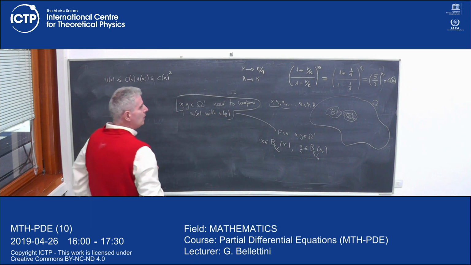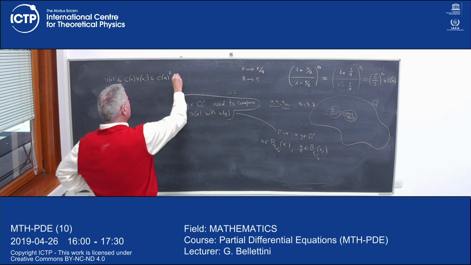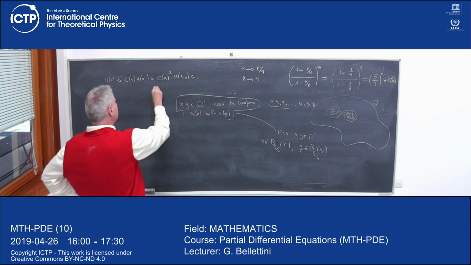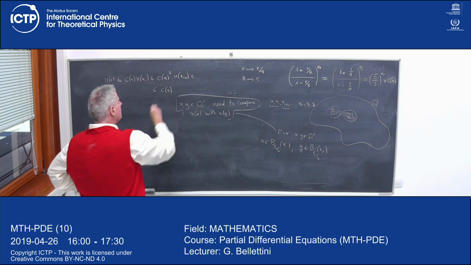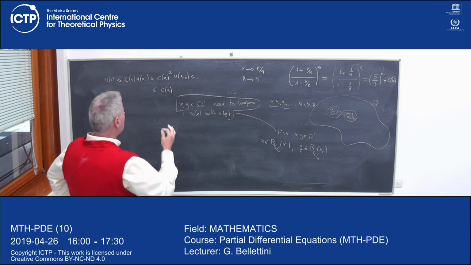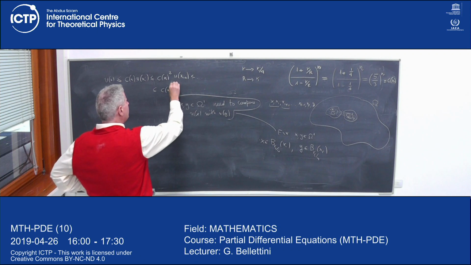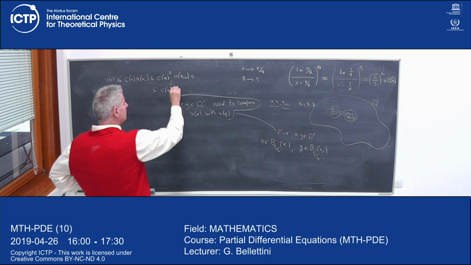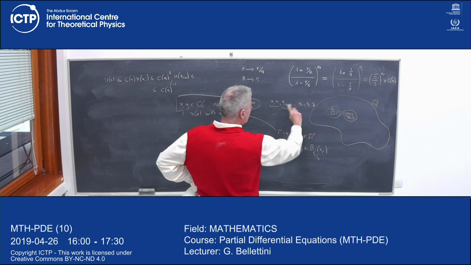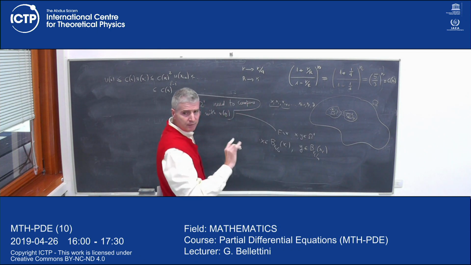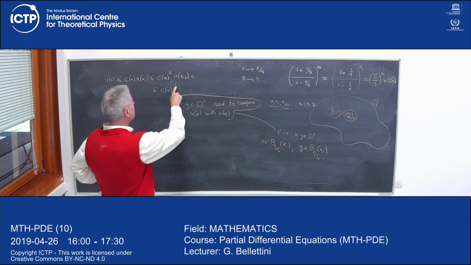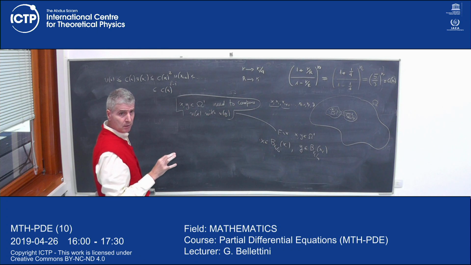And so now we go on, and this gives us u of x_{i+1}, and then we go on up to y.